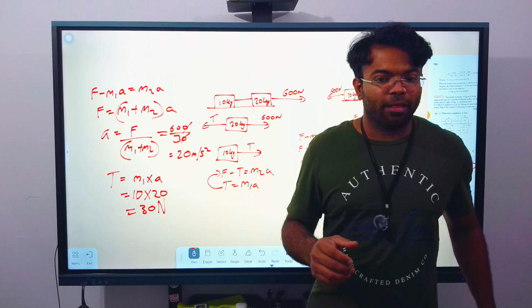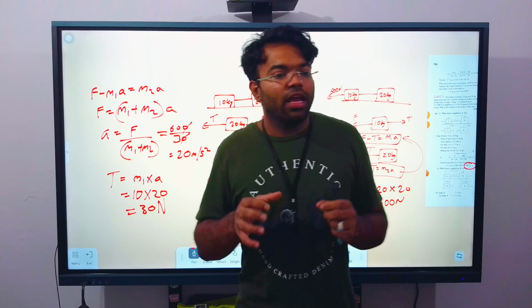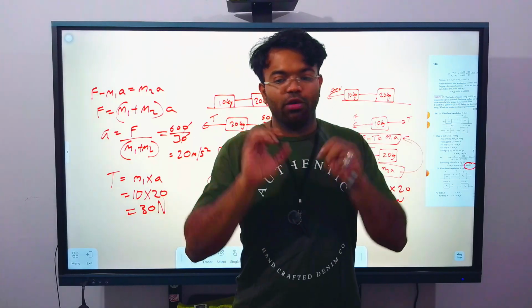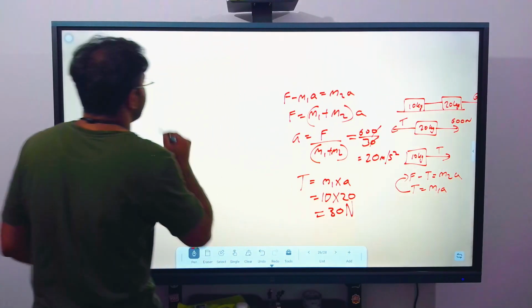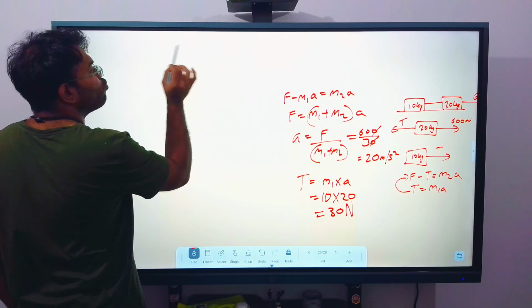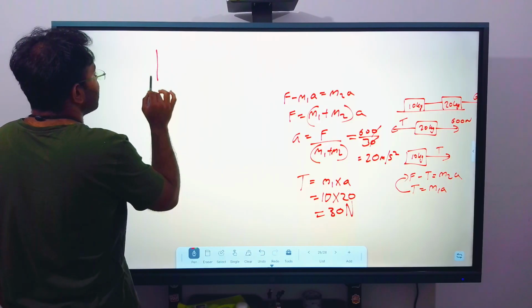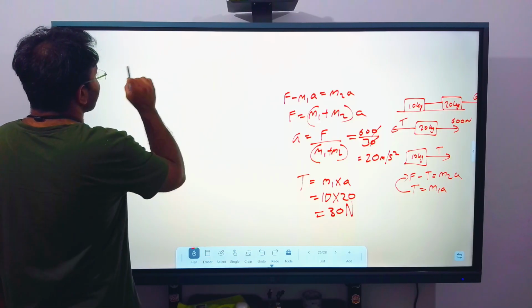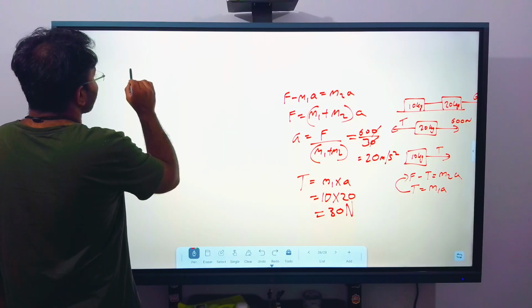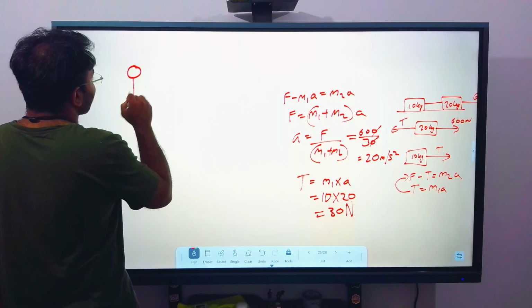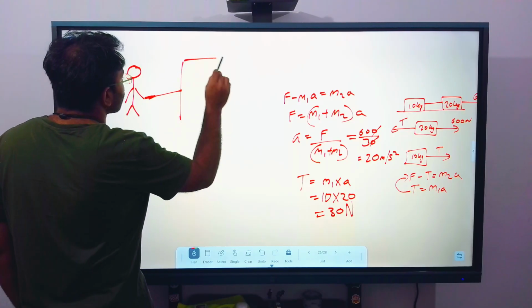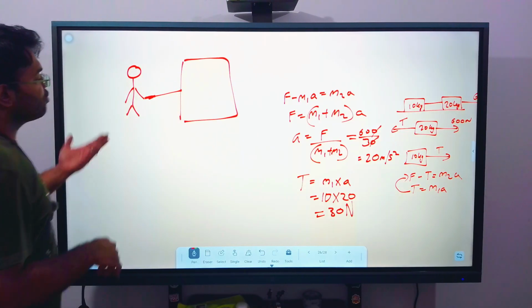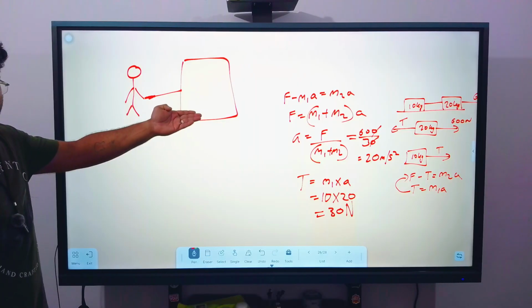Clear? So if you apply it in the real world, if you have two bobs like this, let's say, okay, this is you and this is the mass.